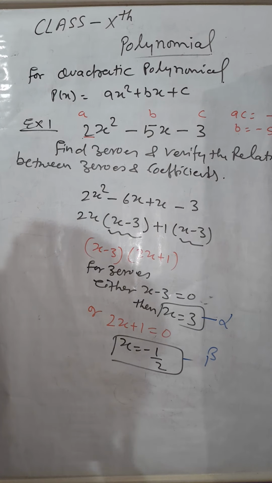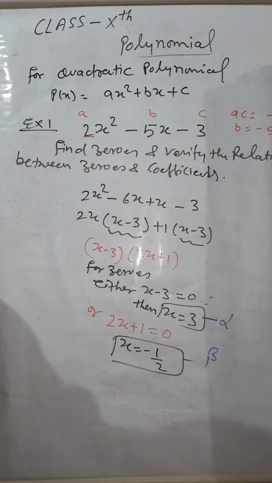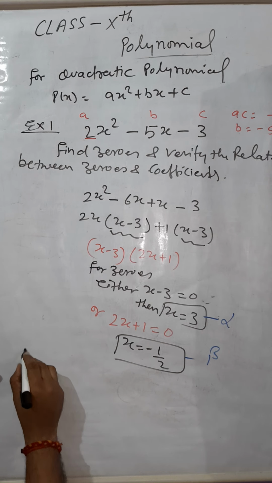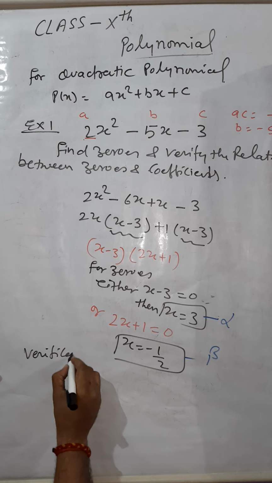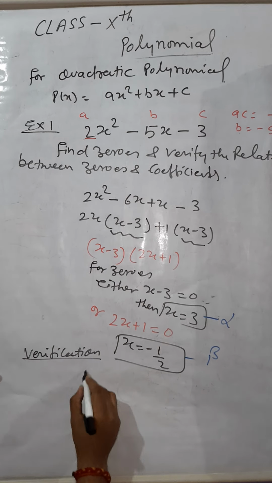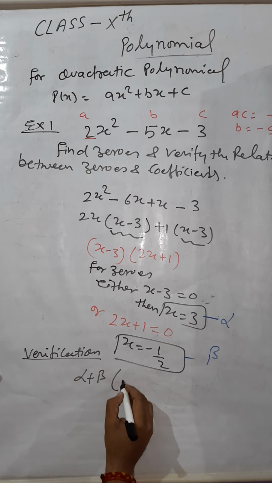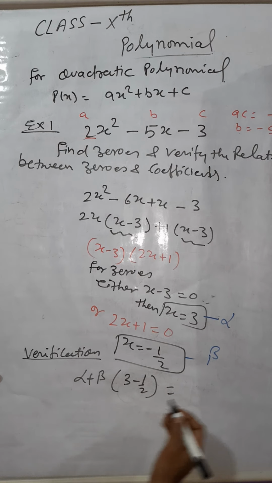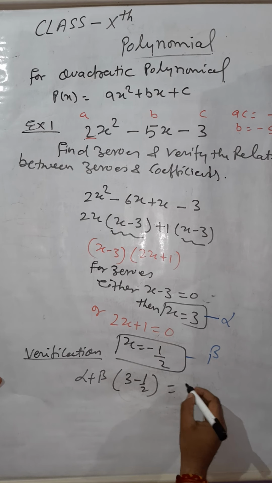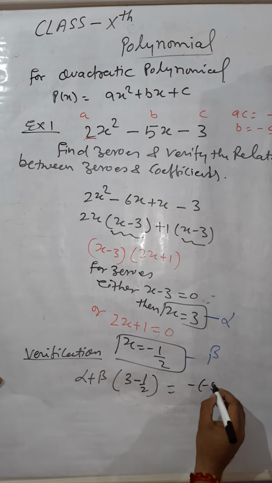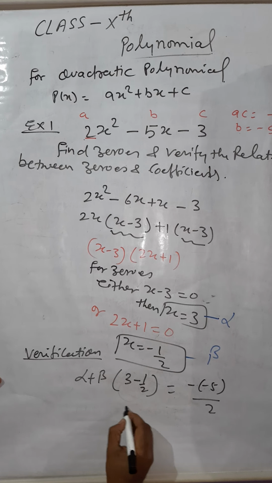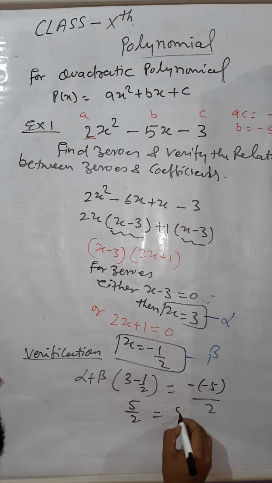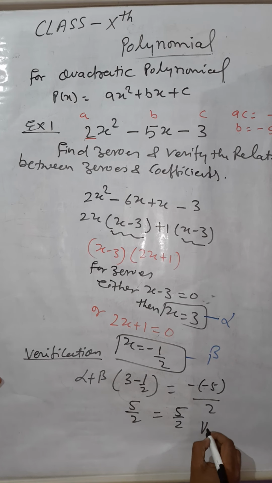Now verification is required here. Verification: alpha plus beta, that is 3 minus 1 by 2, is equal to 5 by 2. Minus b by a is 5 by 2. So 5 by 2 is equal to 5 by 2. This is verified.